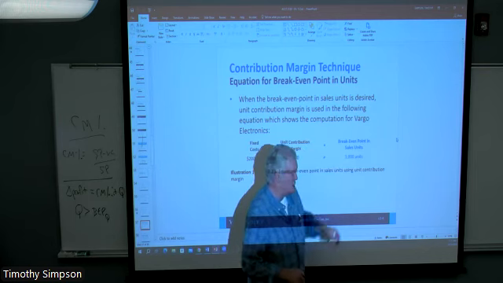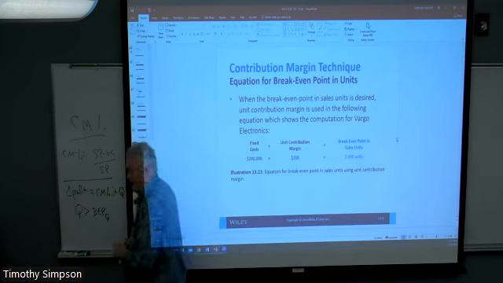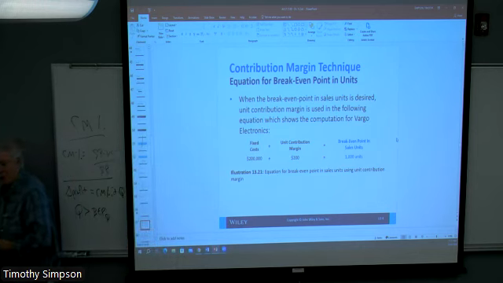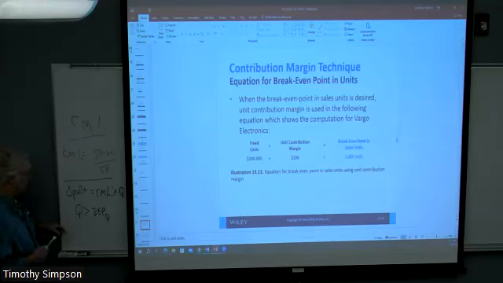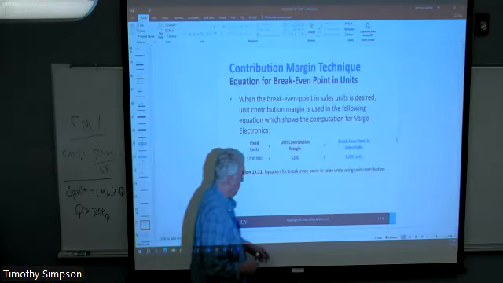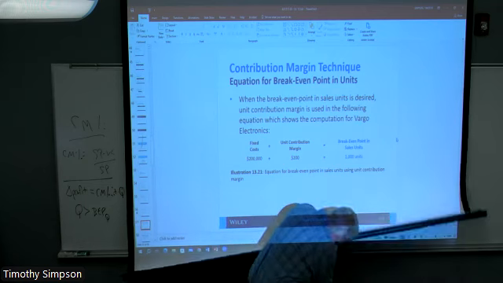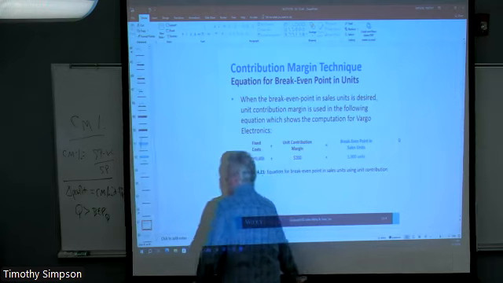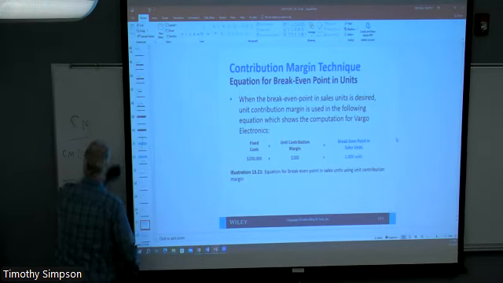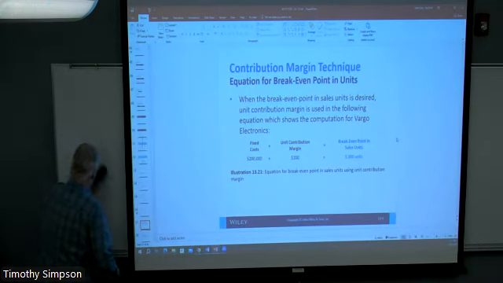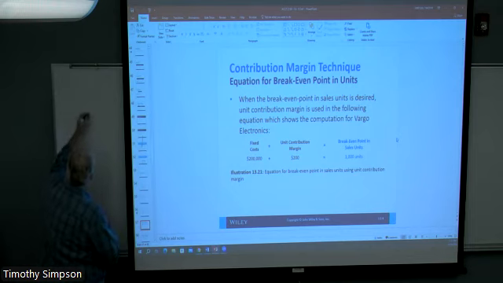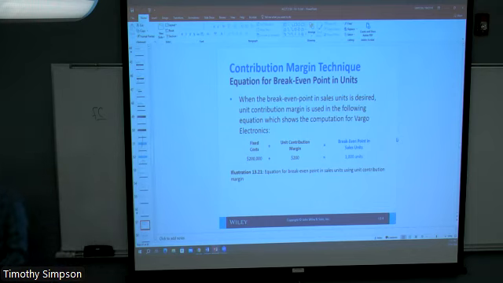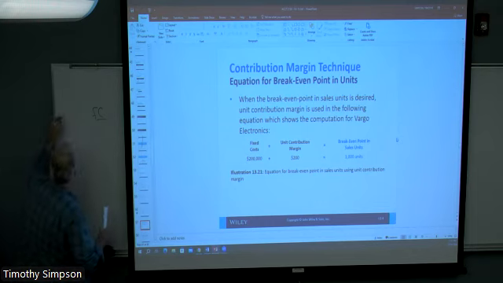And so this is what accountants like to call a quick and dirty way to get to the break-even point in terms of units. The calculation is very simple here. It's fixed cost over CM per unit, contribution margin per unit. And this is kind of in your cheat sheet here, but be aware of where this is, this idea of the break-even point in units.